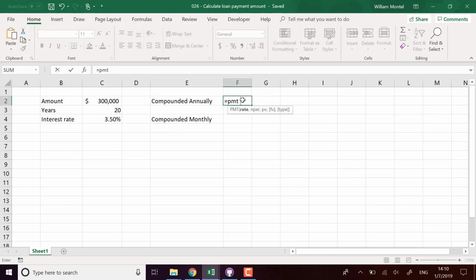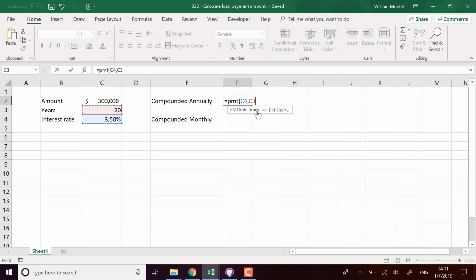So we're going to first start with the yearly interest rate. In that case, we use the rate of 3.5%. That's the first parameter of the function PMT for payment. The number of periods, which is the number of payments that you're going to do, is 20 years. So actually it's going to be one payment per period, so one per year. We're going to have to divide by 12 after.